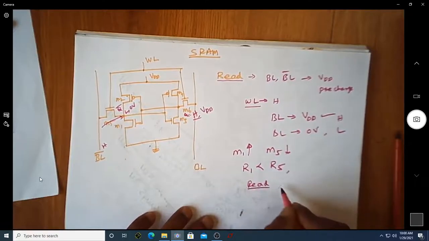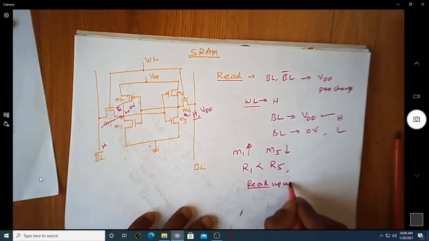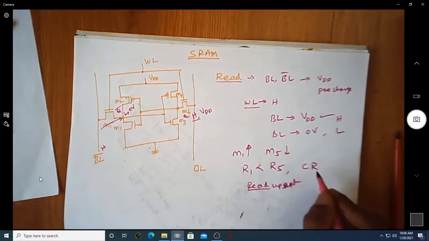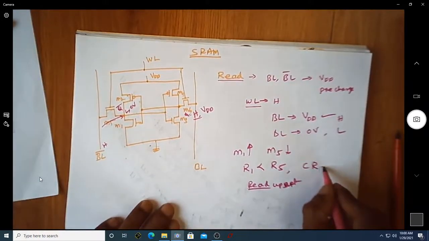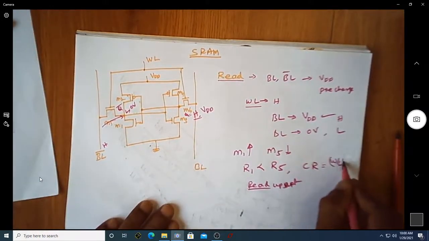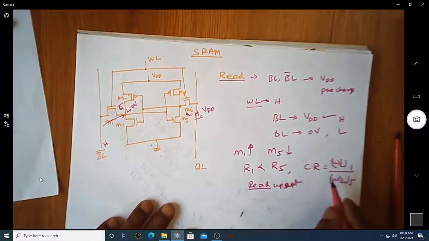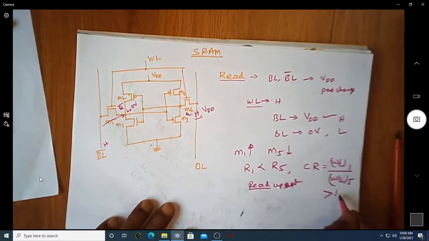To avoid this read upset, we have defined a term called cell ratio, which is the W by L ratio of the first transistor to the W by L ratio of the pass transistor, which is M5. This should always be greater than 1.2.